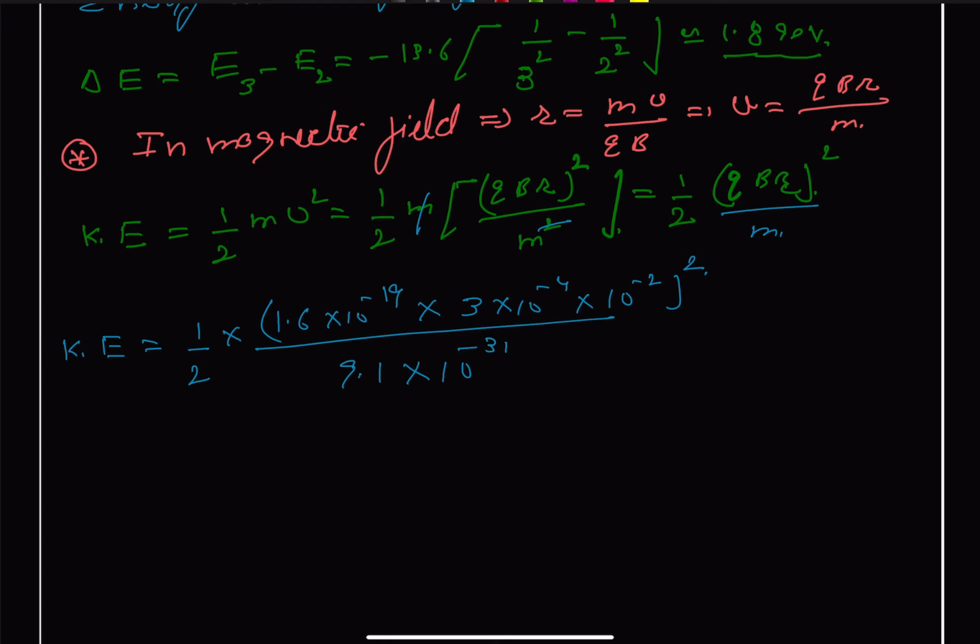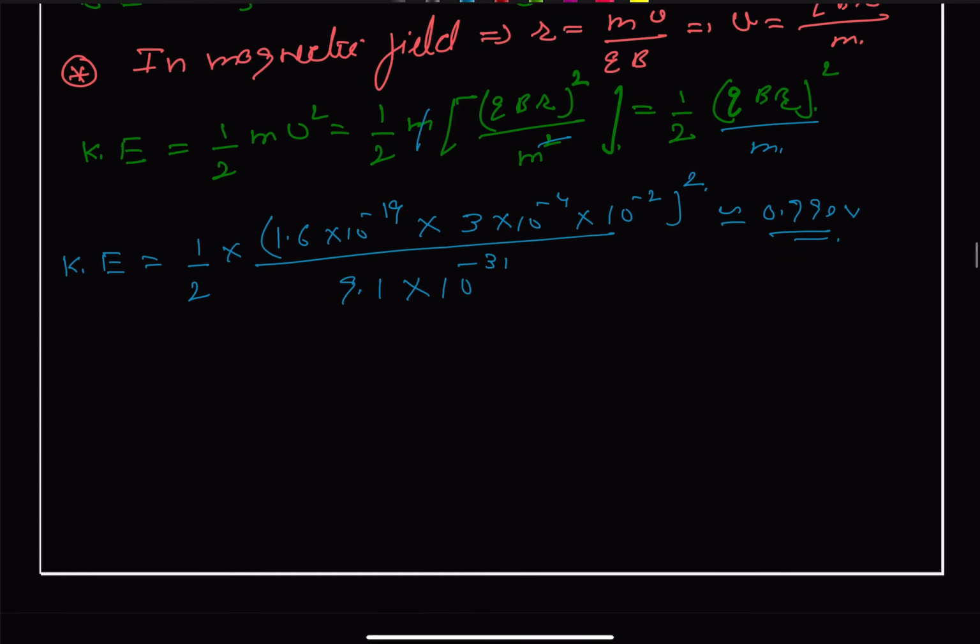So we get this energy to be approximately equal to 0.79 electron volt. Now we can use the photoelectric equation: energy of the photon will be equal to phi plus kinetic energy.